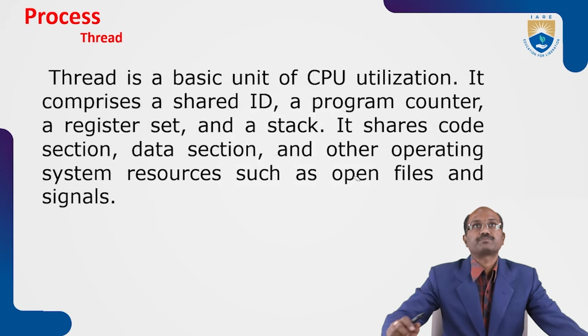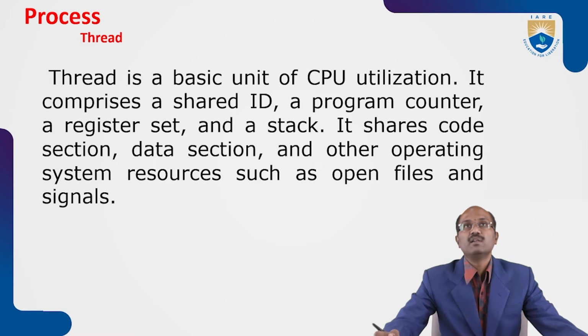Next slide. Now coming to the difference between process and program, a process consists of threads, and there can be many threads. So that's why I'm giving the definition of a thread. A thread is a basic unit of CPU utilization. It comprises a thread ID, a program counter, a register set, and a stack.